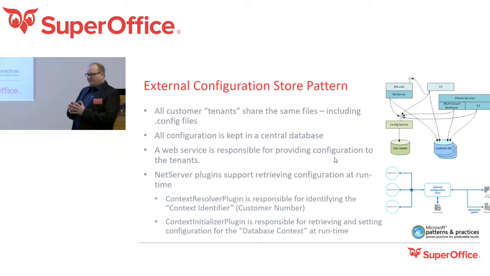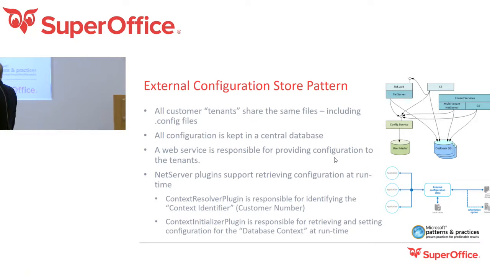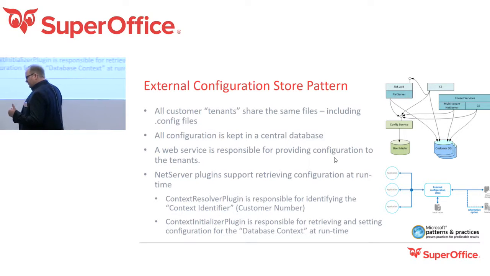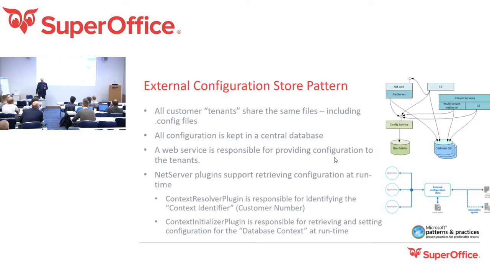So we have one environment that doesn't really care about what version the customer is running on. We have a web service interface we call, and for each version of the customer, we have a set of file services. Those services also use this config service in order to get the configuration so they can contact the database. That's how we execute eJournal cron and these other custom tasks in the background.